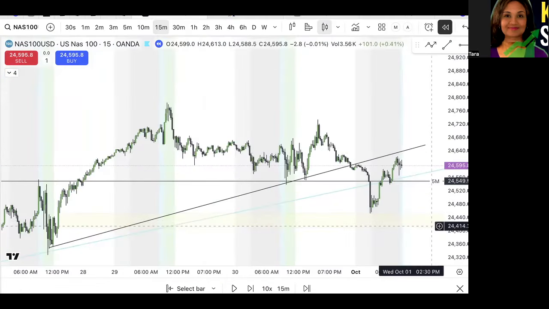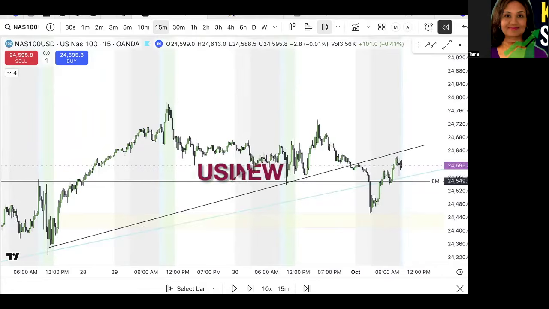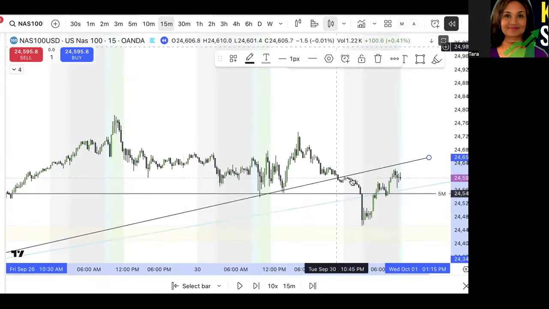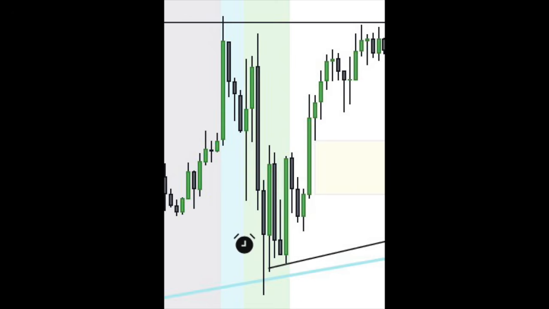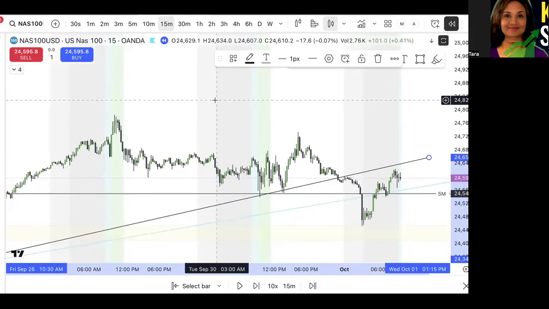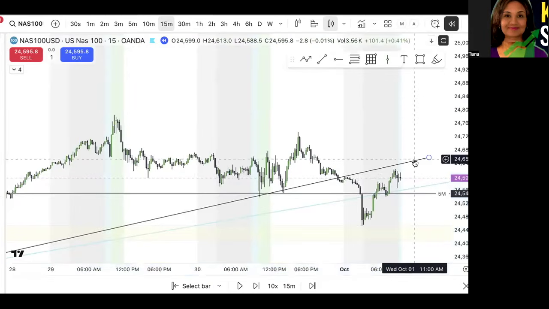Okay, and after we draw a trend line, we're going to want to be sure to add an alert to the trend line. So you would click on the bar and you would add the alert, and there's the alert there. And once you do that, then when price reaches that area, you'll be alerted.